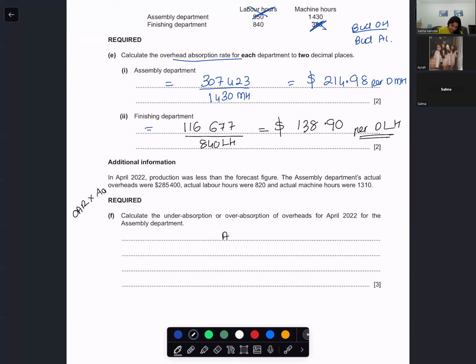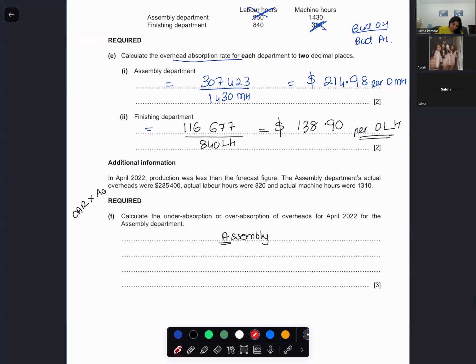Assembly department. What is your actual overheads?